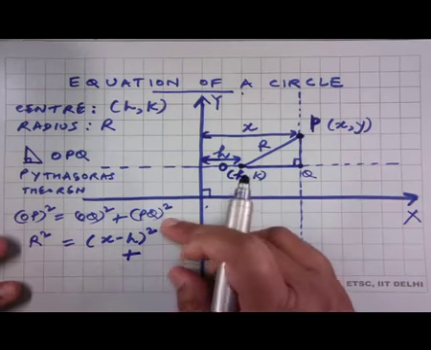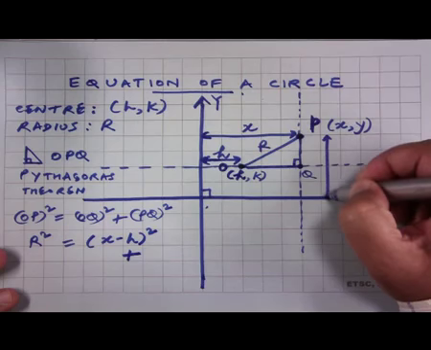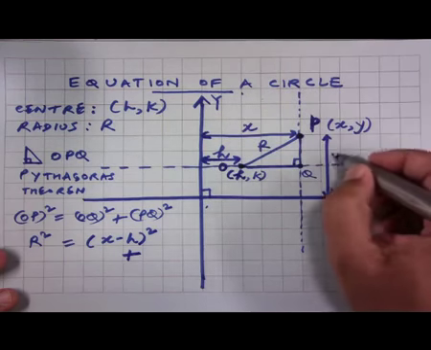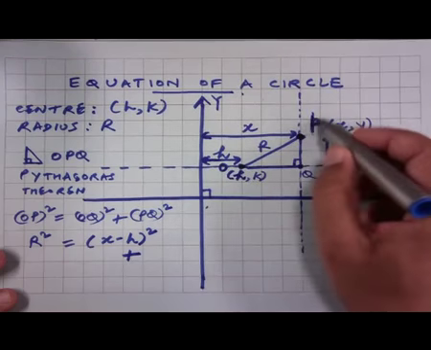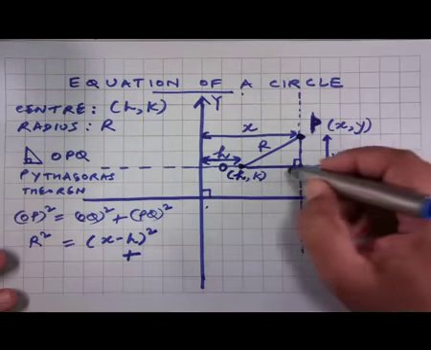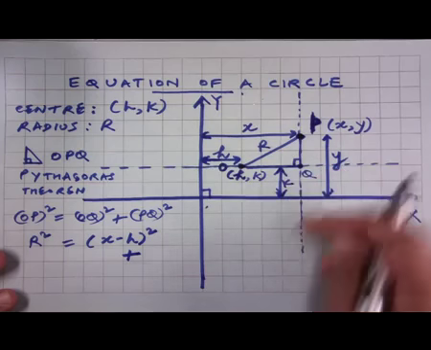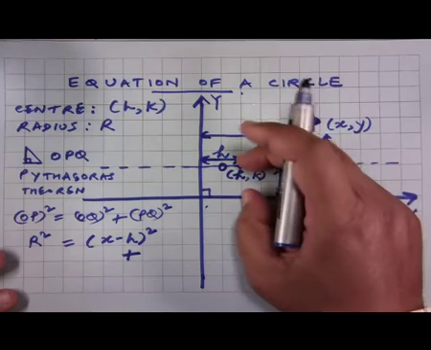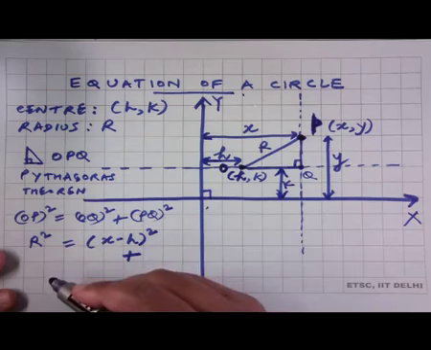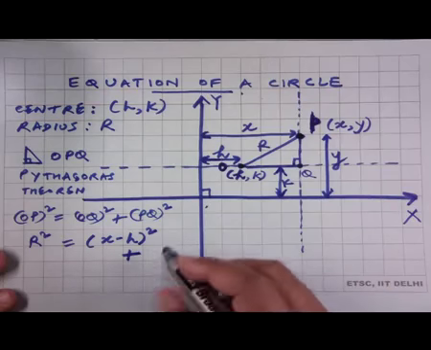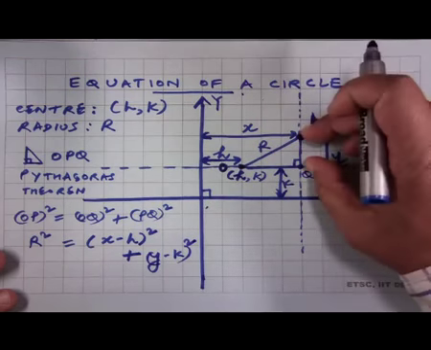And similarly, this vertical distance is y, which is the y coordinate of this point P. This vertical distance is k, which is the y coordinate of the center O, and therefore PQ square is y minus k whole square.